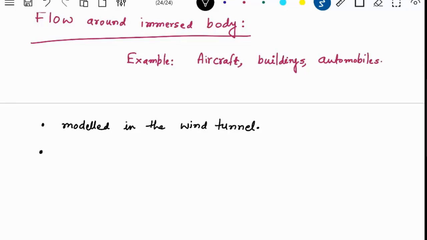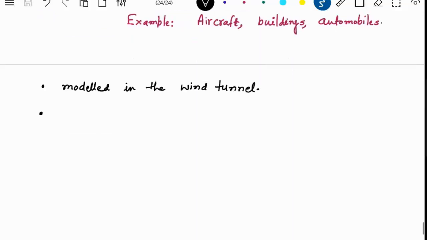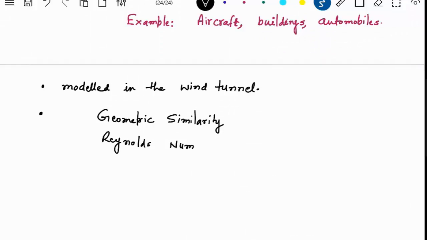Now modeling in this case is very similar to the previous case, flow in closed conduits. We have to make the geometric similarity, and we also have to make Reynolds number similarity. So very similar to the previous case.